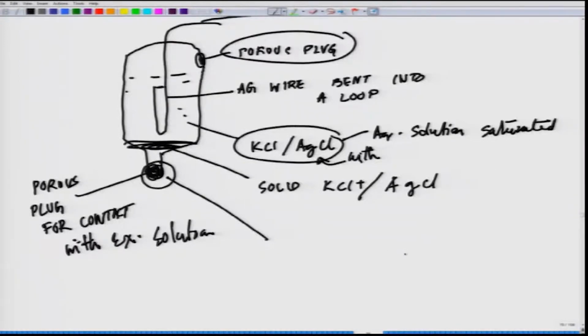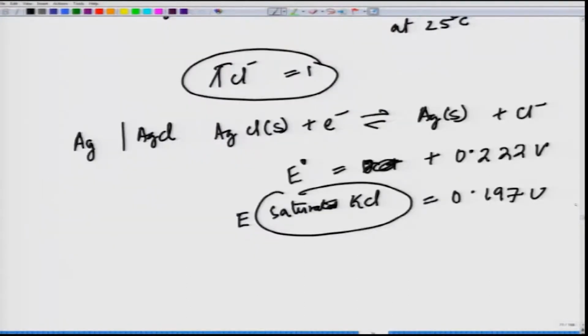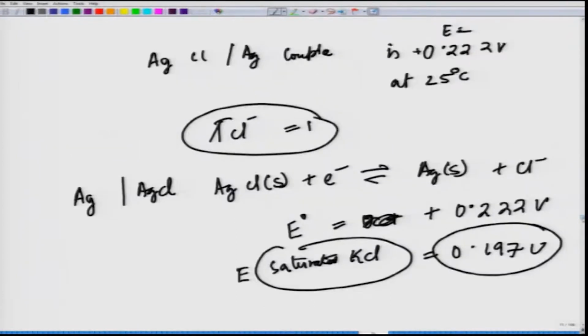Okay. So, these are some of the very first reference electrodes which get away from the hydrogen electrode or standard hydrogen electrode. So, the idea is that if you use this value with respect to SHE, then this becomes your reference point.